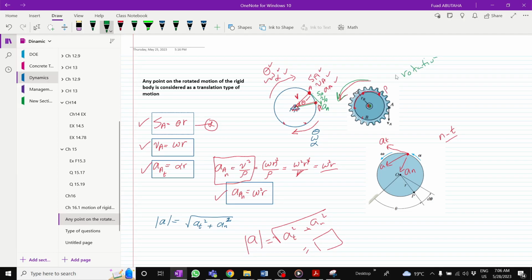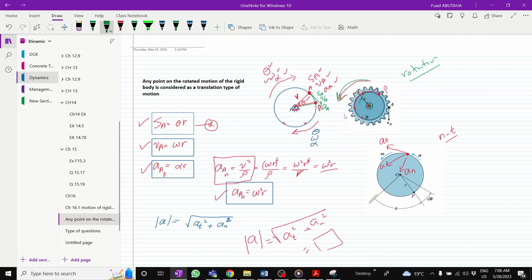Because based on the definition of rotation motion, the rigid body is rotating on a fixed point that is located on the same body. So the gear or the gearbox or the wheel or the disc is rotating on this fixed point, and this point is part of the body. So it is a rotation type of motion.